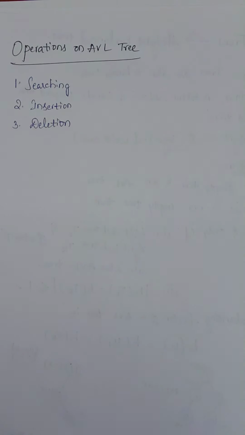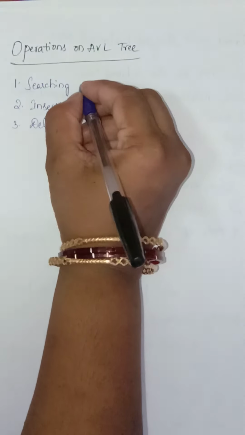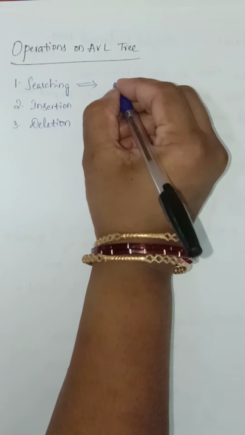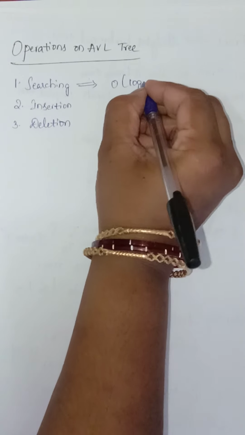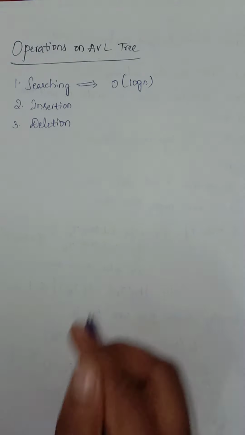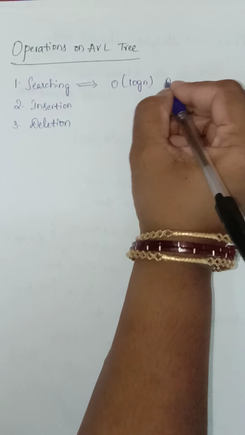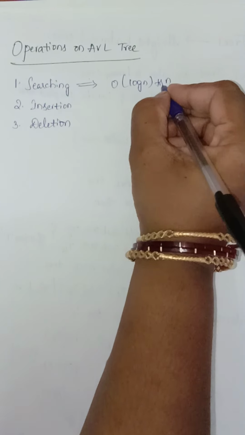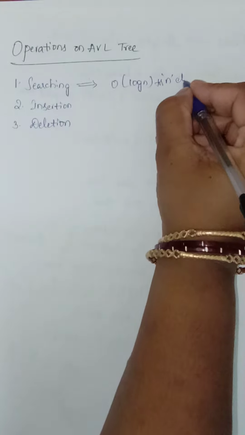If the number of elements is n, then the order of searching is O(log n).